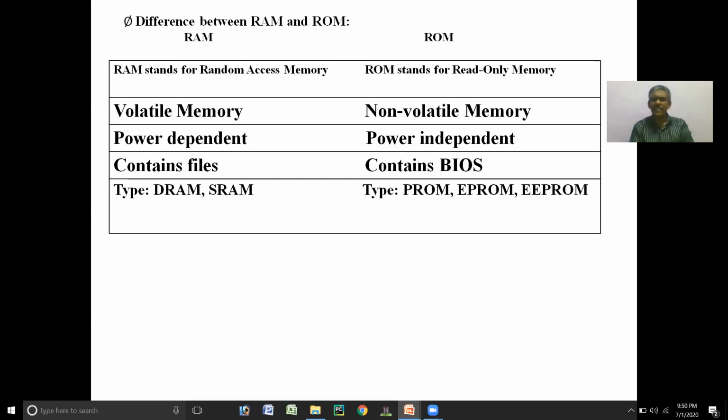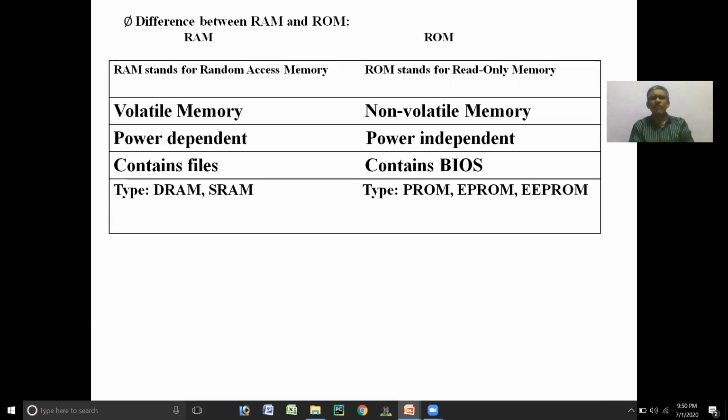It means it is called permanent memory. RAM is volatile because it is power dependent, whereas ROM is non-volatile because it is power independent. And RAM normally contains files, whereas ROM contains the BIOS, that is, the basic input-output system.